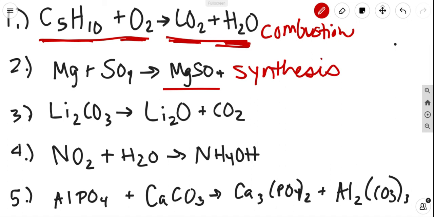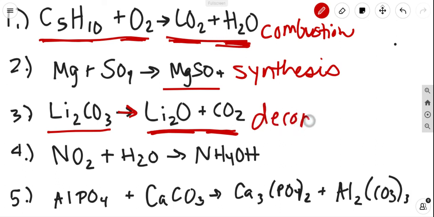Is one product being formed? No, there's 2 products. Okay, go down your list. Is it decomposition? Is one thing breaking down to form 2 or more? Well, I got one thing, and it's breaking down, and it's forming 2 things. So number 3 is decomp.